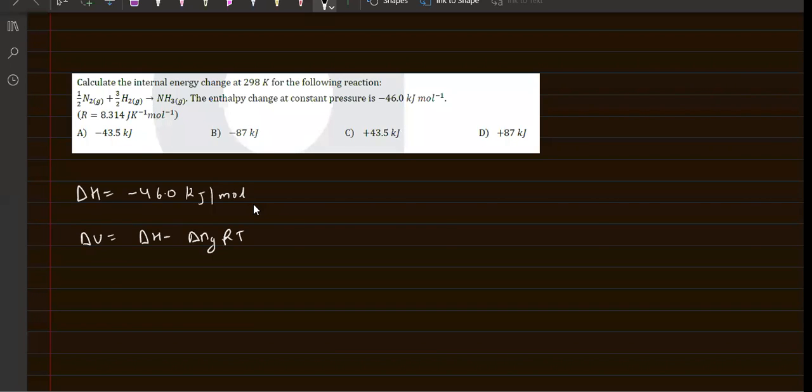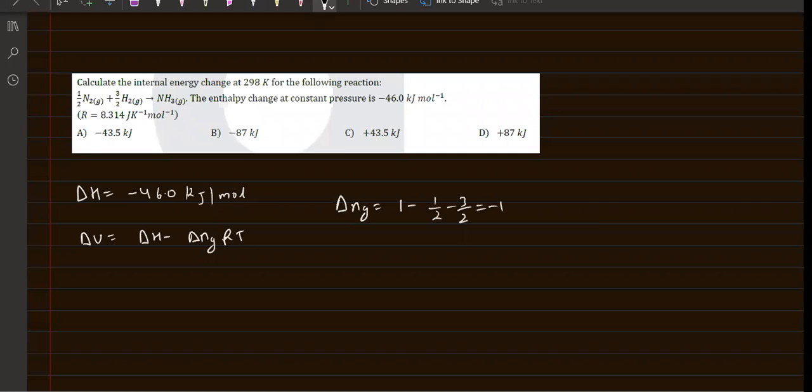This was basic formula putting. Delta ng is equal to what? Now this is product minus reactant. So 1 minus half minus 3 by 2, which is equal to minus 1. Yes or no? Everyone? This is minus 1. R is given, T is given. Just put it, you will get the answer.